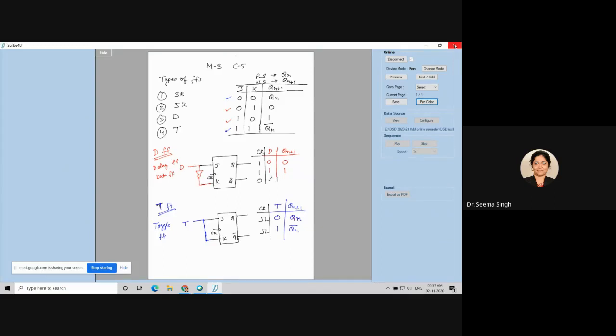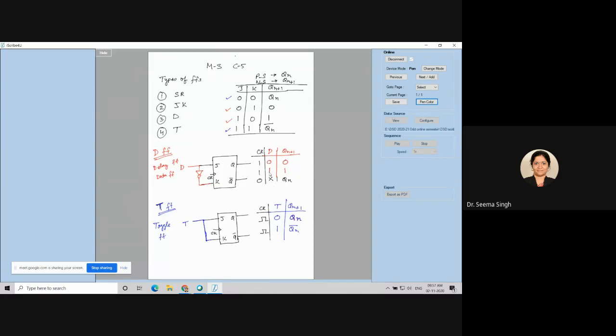Your input behaves as a don't care and it behaves as a memory. That means what? Even a D flip-flop can be used as a memory. If you want to use a D flip-flop as a memory, you can simply make clock equal to 0. It will store whatever is there with it.